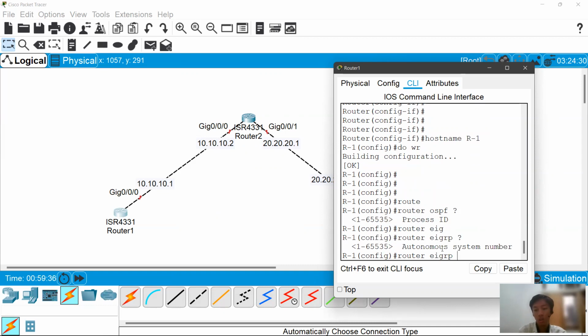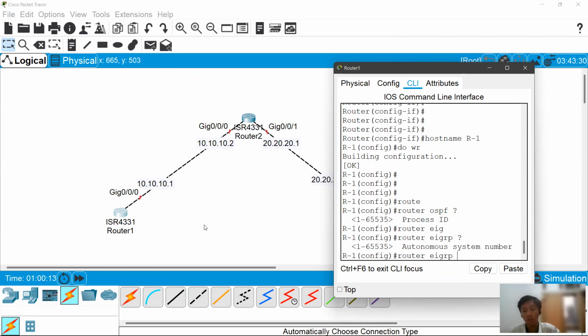EIGRP uses an autonomous system number. The difference is, if router 1 configures OSPF 1, router 2 uses router OSPF 2 and router 3 uses router OSPF 3, the topology can still connect, even if the OSPF process ID is different between routers.